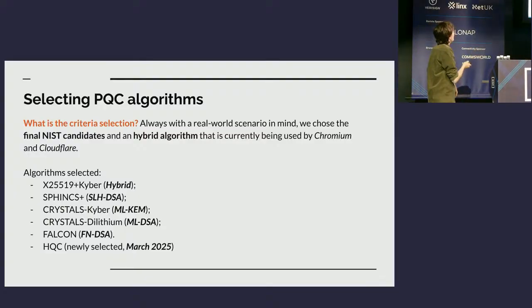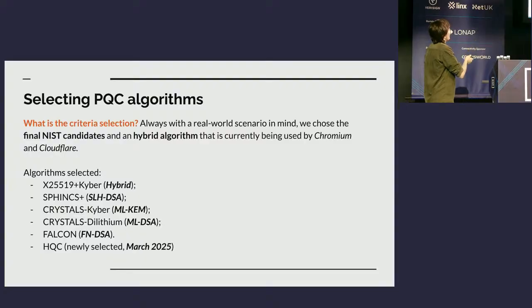So we selected a hybrid one that uses Kyber, SPHINCS+, which is a hash-based signature, and Kyber, which is a key exchange mechanism. If this can help, this means signature, and this is a key exchange algorithm. Then we have another digital signature, CRYSTALS-Dilithium, Falcon, a digital signature, and HQC, which was selected as of March 2025, and it is a KEM, a key encapsulation mechanism.